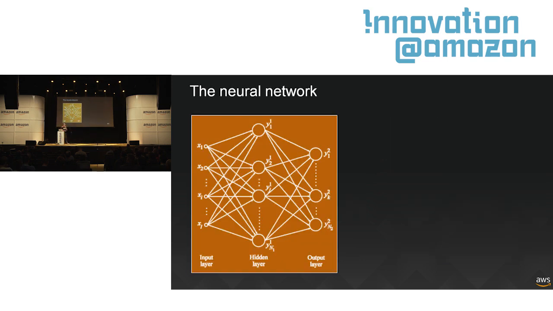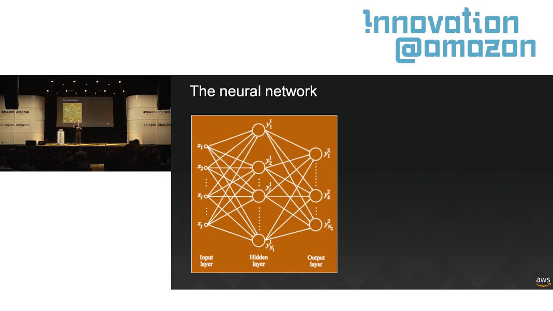So if you put all those neurons together, you start to build layers, okay? We'll have an input layer with our X values. We'll have an output layer with our Y values, and the Y values will be the predicted result. So imagine we're trying to classify images, right? We would input pixel values as X's, and we would have a number of possible categories for that image on the Y layer.